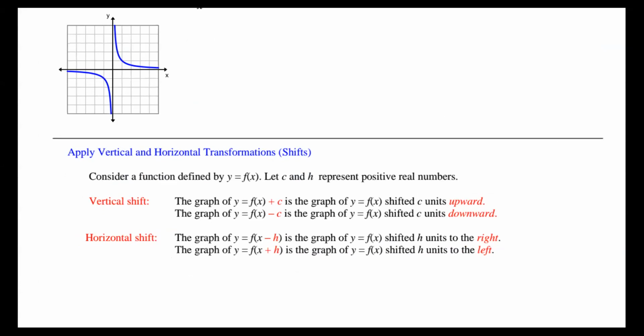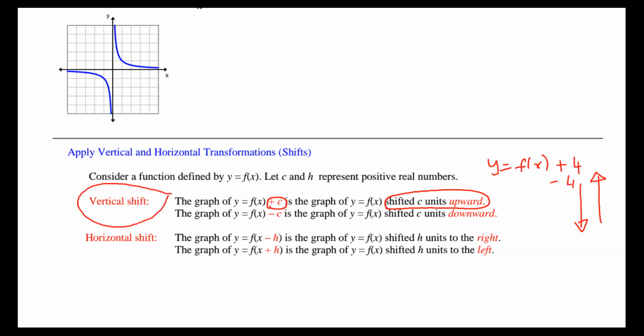When you add plus c outside the function, it's going to shift the whole curve c units upwards. In other words, suppose I have y equals f of x plus 4, you have to move the graph 4 units up. And if it is minus 4, then you move 4 units down. That is called the vertical shift.